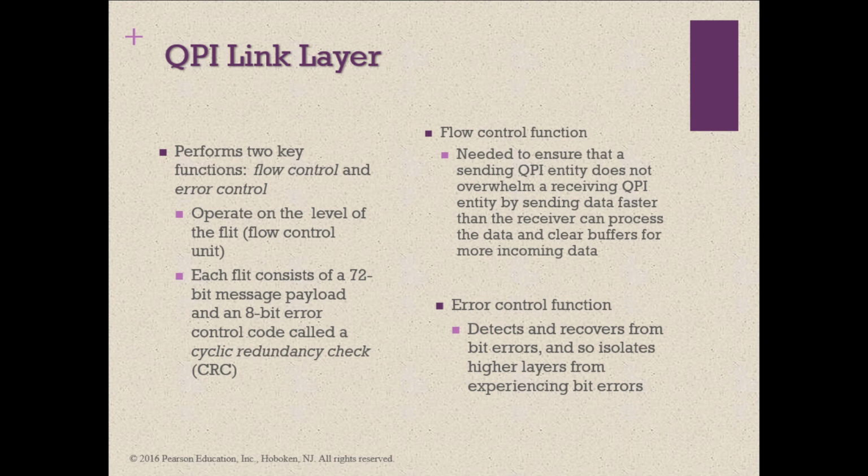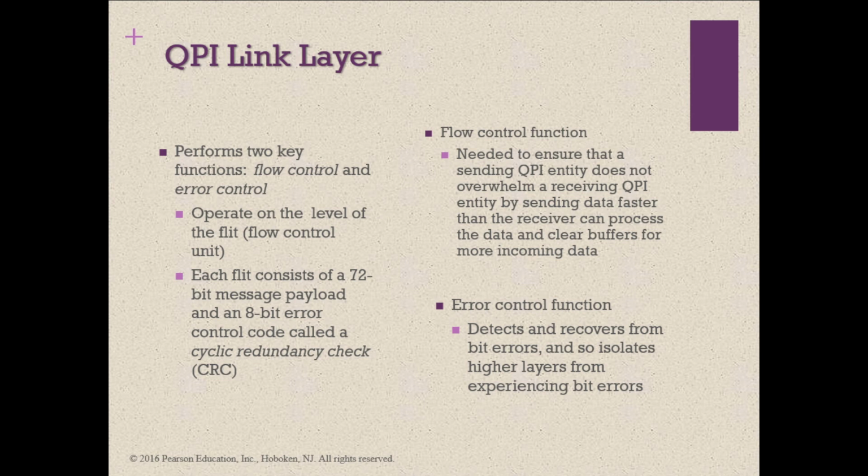The flow control function is needed to ensure that a sending QPI entity does not overwhelm a receiving QPI entity by, say, sending data faster than the receiver can process it and clear buffers for more incoming data. To control the flow of data, QPI makes use of a credit scheme.